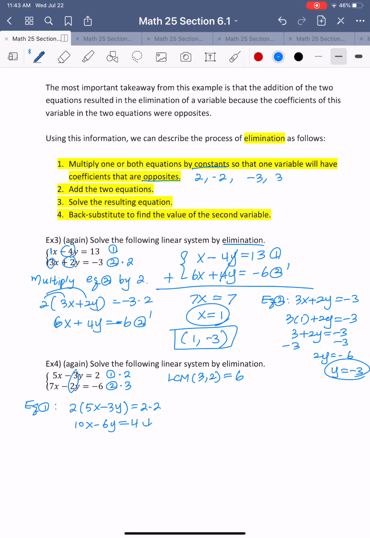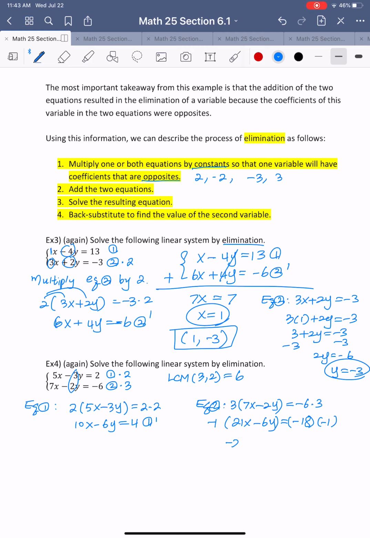So I call this 1 prime. And then equation 2, I'm going to multiply by 3: 7x minus 2y equal to negative 6, times 3, and then 21x minus 6y equal to negative 18. And then I need to make the opposite numbers, so I need to multiply by negative 1.